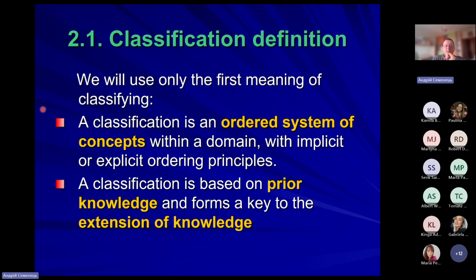So classification is an ordered system of concepts within a domain with implicit or explicit ordering principles, any domain, any area. Not only medicine. Classification is based on prior knowledge and forms a key to the extension of knowledge. So we have to already collect some knowledge.